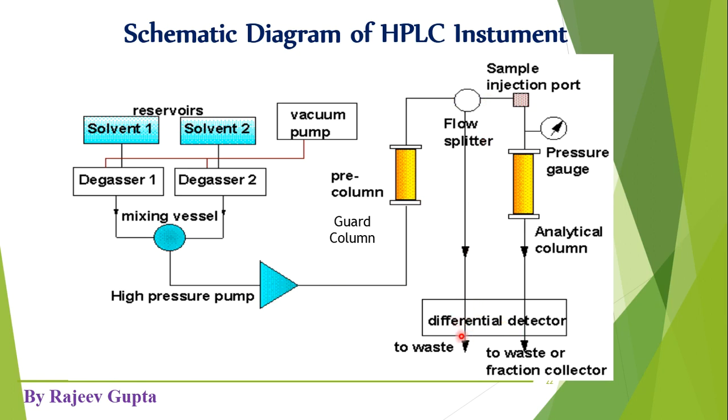So on this side we will get a different composition of our solvent, but if we are using the same composition, or we are using isocratic elution, then this flow splitter is not required, because we can already put our mobile phase of fixed composition here, and directly it will be compared or differentially analyzed using this flowing mobile phase plus sample components.